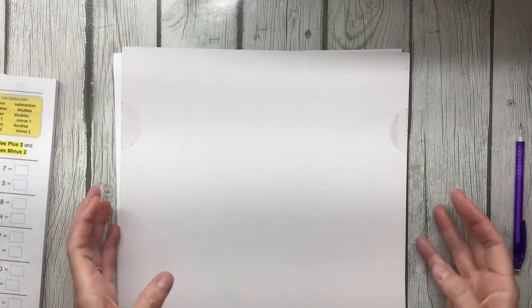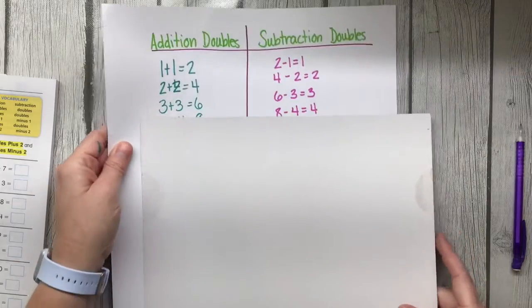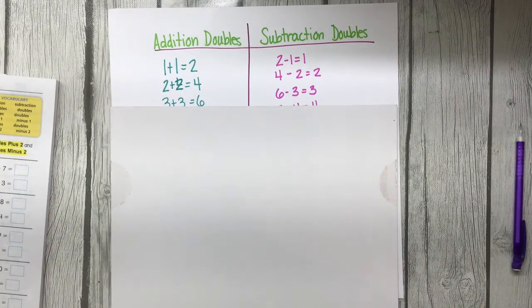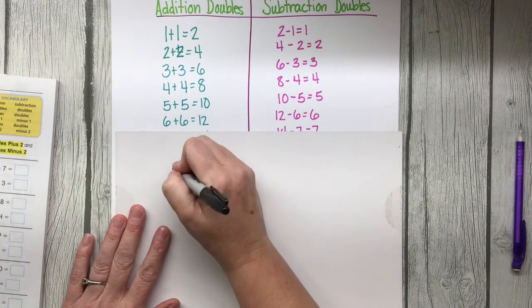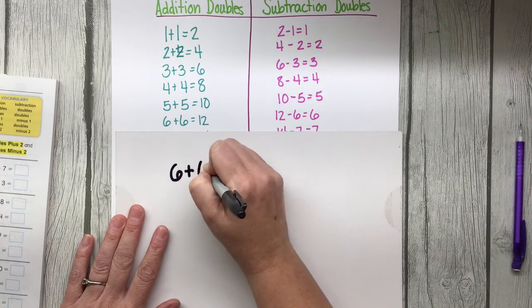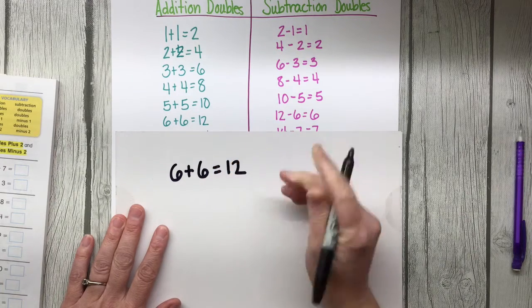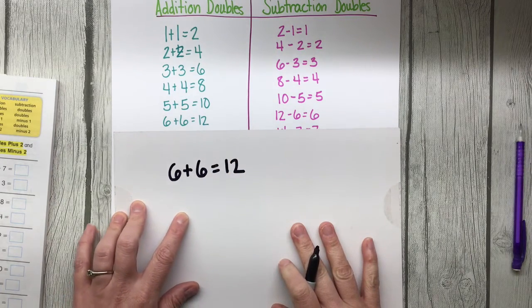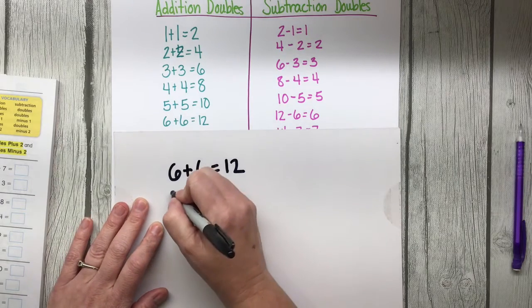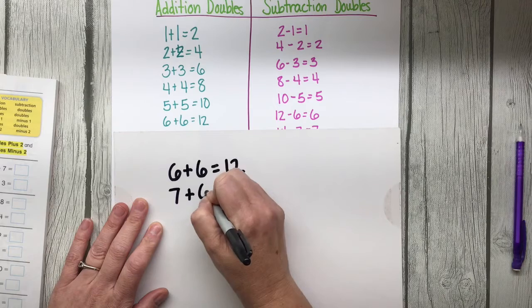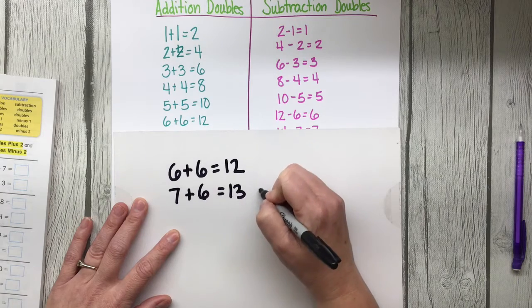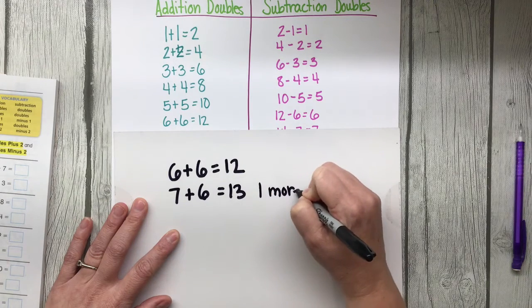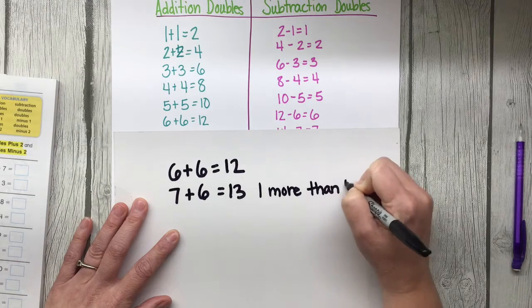So there is a strategy that we can use, using our doubles, to do equations that are a little bit different than that. If we look at something like 6 plus 6 equals 12, we should know that 7 plus 6 equals 13, because that's just one more than 12.